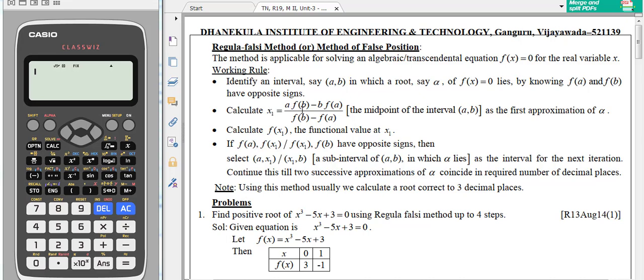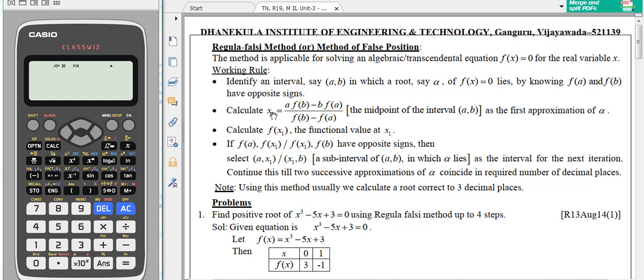So x1 will be given by (a f(b) - b f(a)) / (f(b) - f(a)). Whenever we know that a root lies in the interval (a, b), the approximate of the root will be given by this formula only.